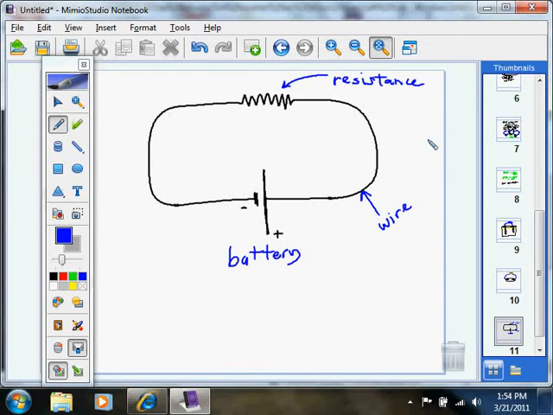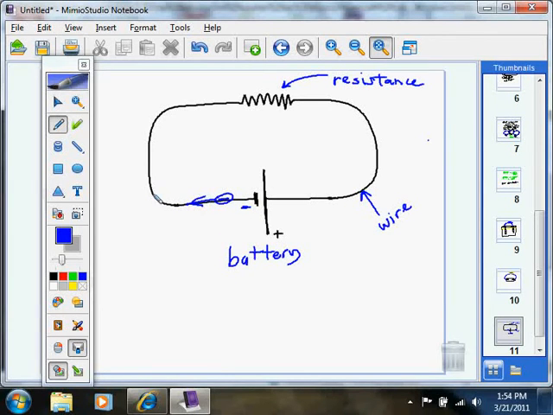Now, so far, we've been talking about the electron current. Because we know the truth is, it's the electrons that can jump from atom to atom. So we've been talking about inside this wire right here, there are electrons that want to get away from the negative terminal. So they're like, yay, yay, yay.